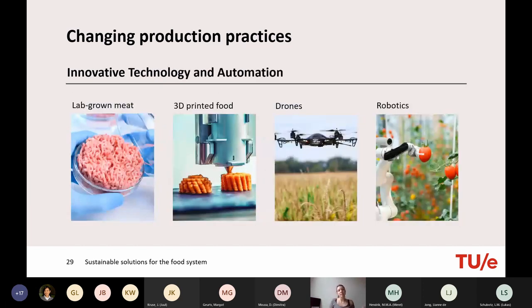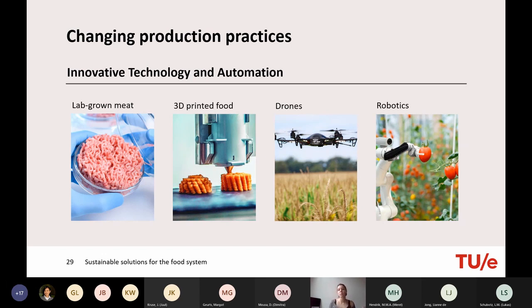In addition to this, there is a lot of innovative technology and automation happening within the context of food. We're working on how we can grow meat within a lab environment from individual cells, so that may help with the emissions related to meat. We're working on how we can print food using 3D printer technology.